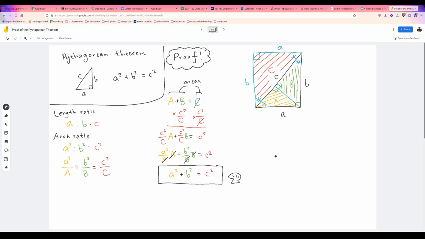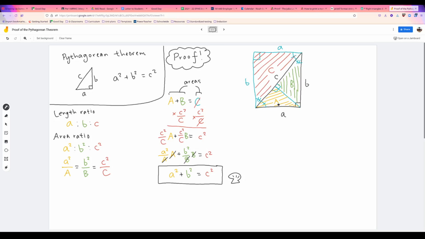Okay, so what did we actually do? Well, we started just by drawing a triangle with sides A, B, and C. We drew an exact copy of that triangle, rotated, so that it forms a rectangle. We split one of the triangles into two separate areas proportional to A and B. Okay, and then we saw that capital A plus capital B has to equal capital C because these two triangles are congruent.